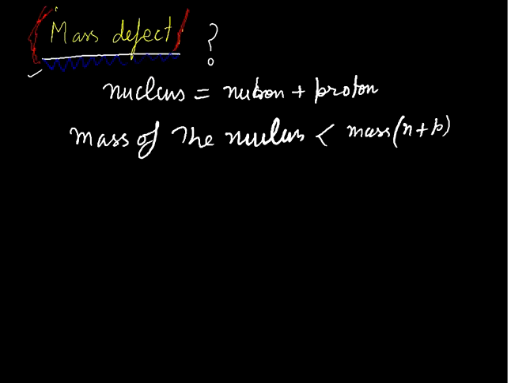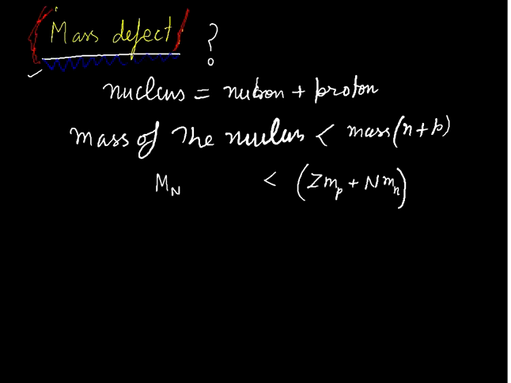So if the mass of the nucleus is Mn, and the mass of the protons and neutrons, one can write Z for the protons, mass of 1 proton, plus N total number of neutrons multiplied by the mass of 1 neutron, right? So Mn is less than the sum of these constituents.